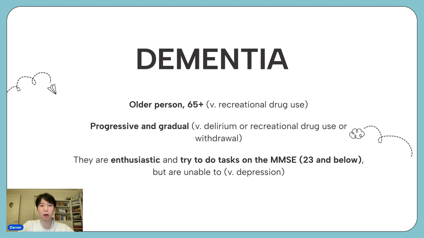Whereas with depression, they don't really attempt to do it because of the lower energy levels as a result of depression. And with MMSE, if they give you a score, 23 and below is indicating dementia. But beware of the possibility of depression, depending on how they completed the MMSE and why they didn't do that well on it.